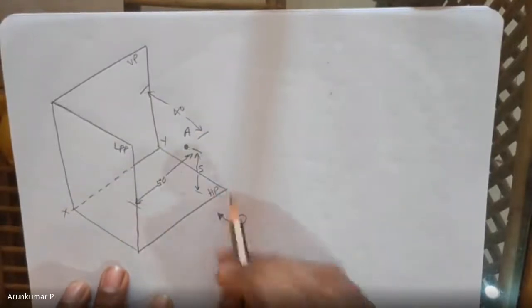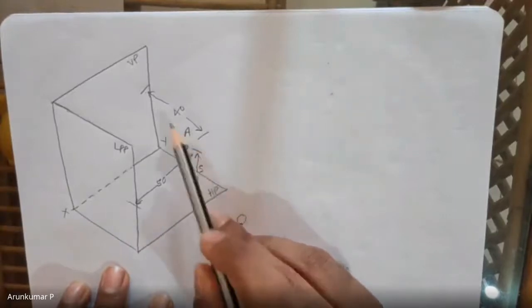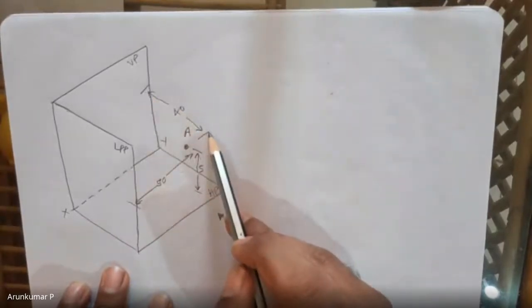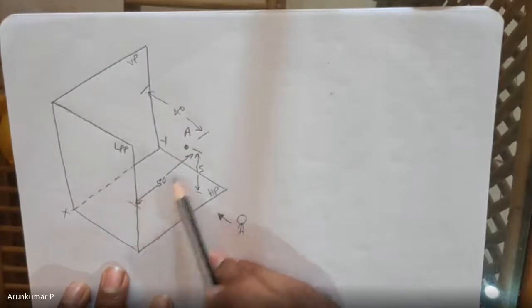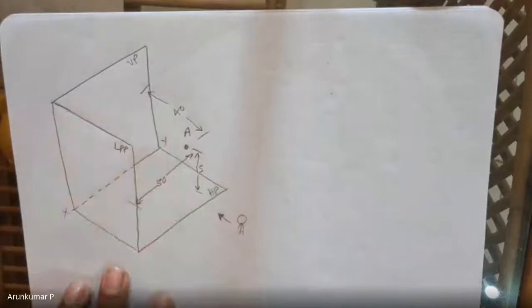So please observe the point A is 15 mm above HP, 40 mm in front of VP, and 50 mm from LPP, 50 mm from the left profile plane.